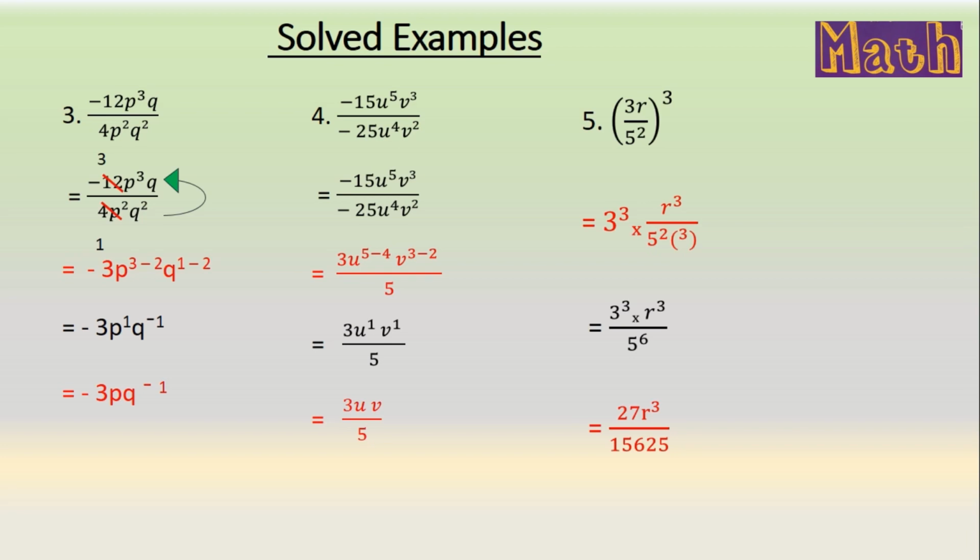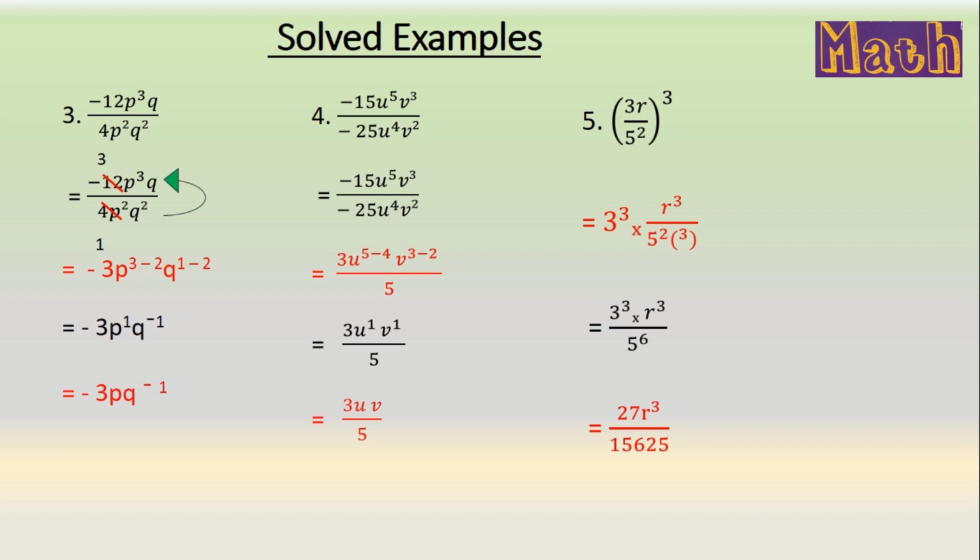The 2 will multiply the 3, because when a power is raised to a power, we multiply the powers. So I have 3 to the power 3 times r to the power 3, then I have 5 to the power 6. I'll multiply the exponents, that is 2 and 3. 2 times 3 will give me 6.